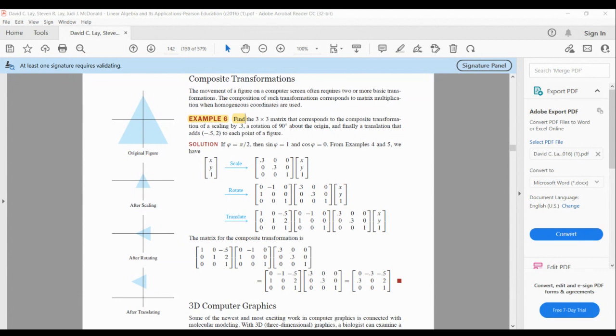It moves to the left. That's right. That's the negative 0.5. When it's a negative 0.5 translation, you're moving to the left for the x coordinate. For the y coordinate, it's 2, so you move up 2. So are there any questions on this? Any questions at all?